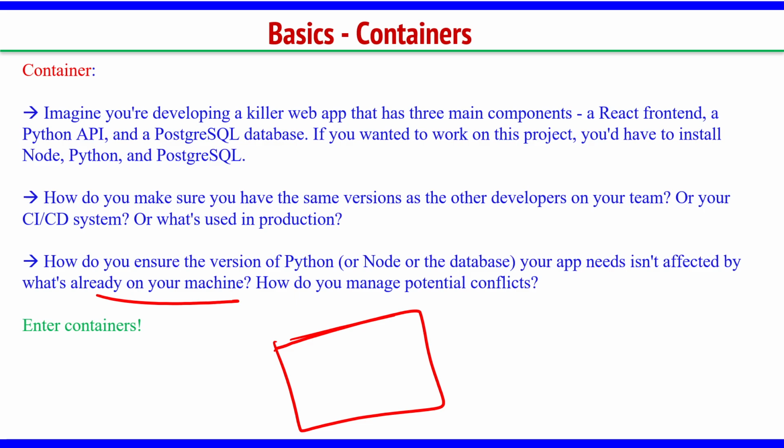How do I know that for this particular requirement, building this web application, the current versions on my machine are enough? Maybe the requirements for this web app are different and require later versions than what is installed on my machine. So, how do you manage these potential conflicts?